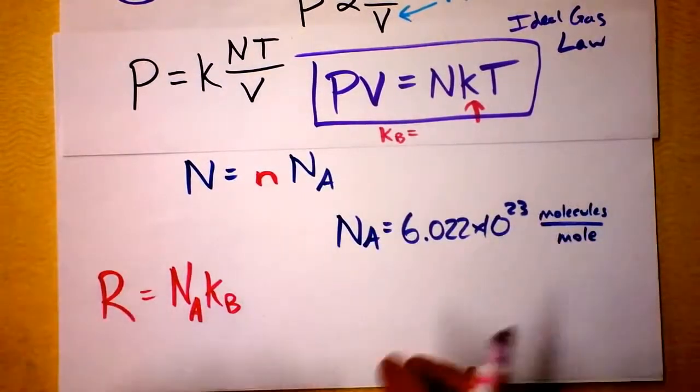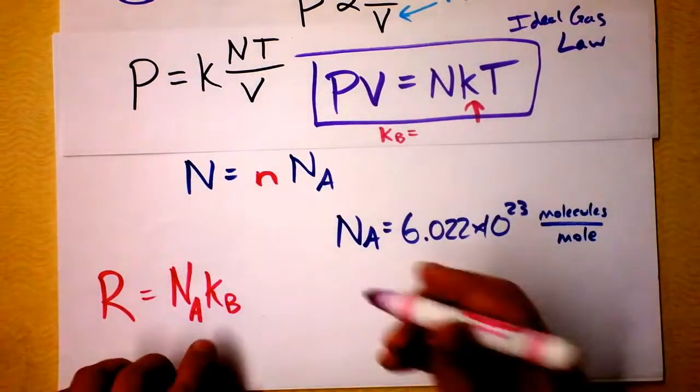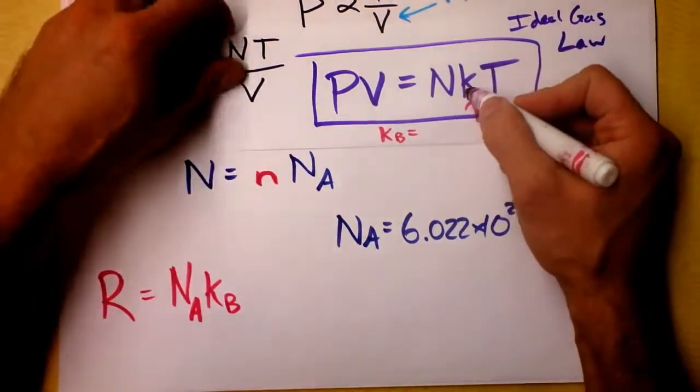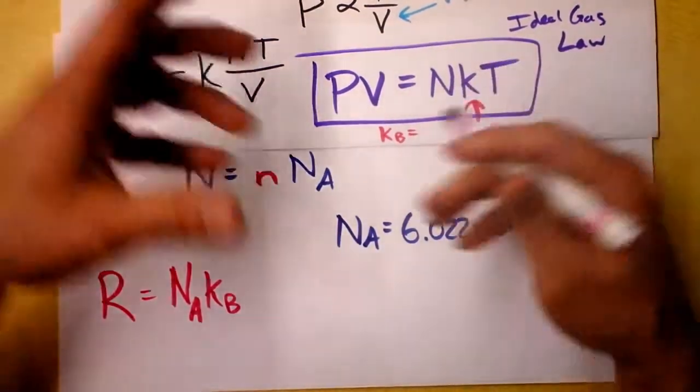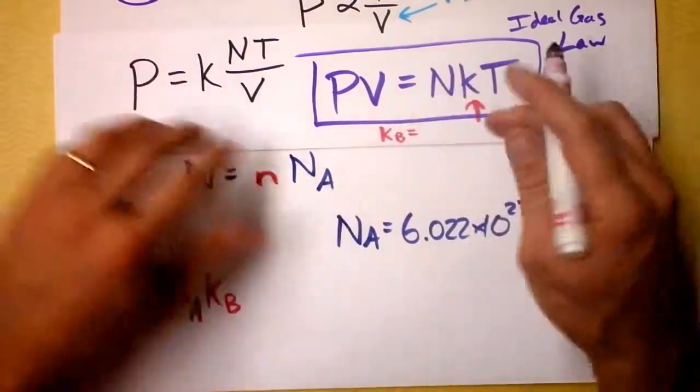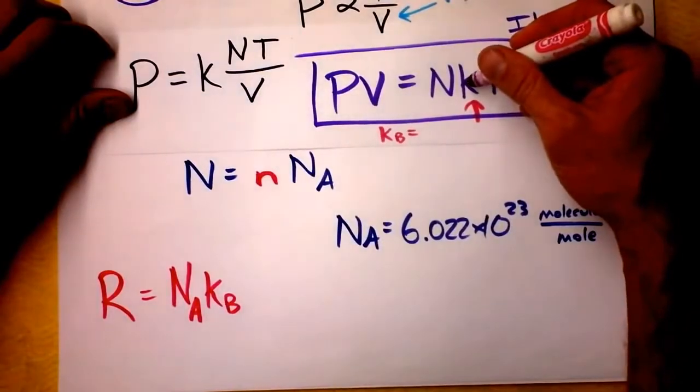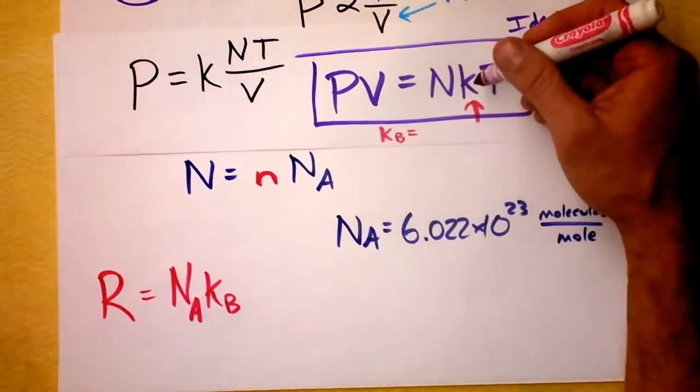So let's put all this together and make a little substitution. Oh wait, N is really big, probably. If we have a substantial chunk of gas, we're probably going to have billions of particles. And then k is really small.